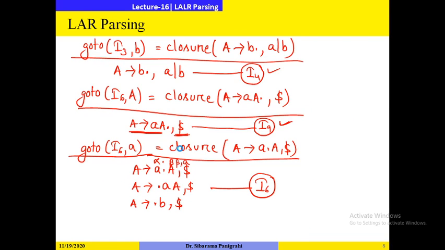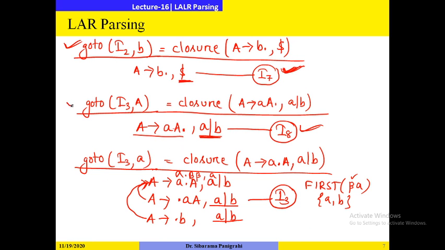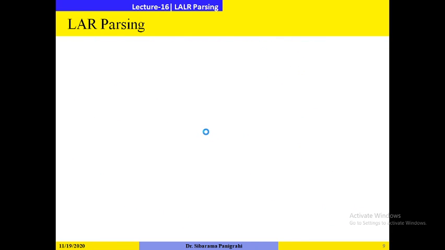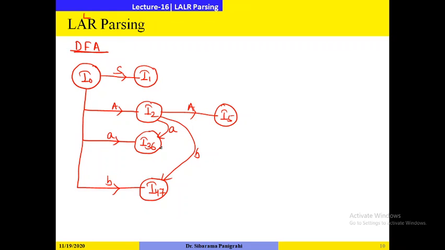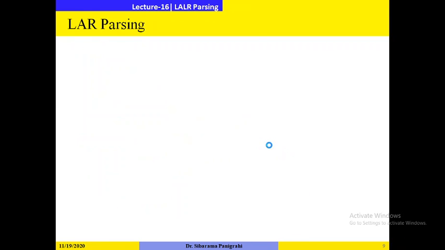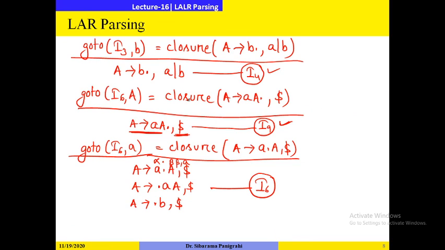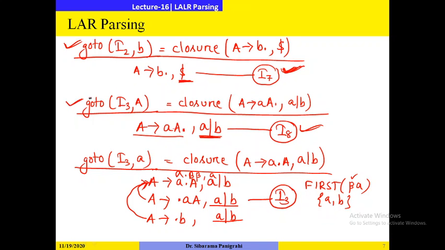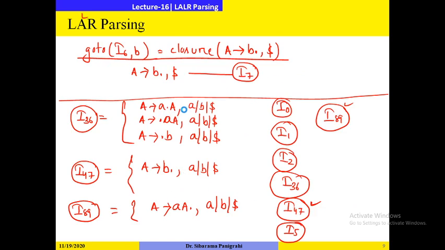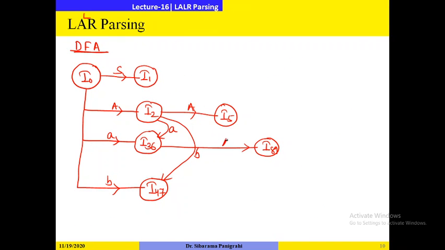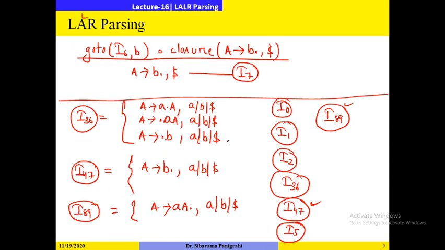Okay. Next, I3 by taking A as input goes to I8. I8 means I89. You see I8 is combined with I9, I89. So I3 by taking capital A goes to I89.